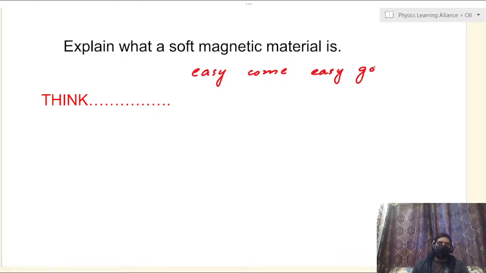You can magnetize them quickly, but they'll be demagnetized quickly as well. It's just like a battery which is almost out of order. It would be charged quickly, but at the same time it would be drained quickly as well. So these are the soft magnetic materials. Once again, the primary example is iron.